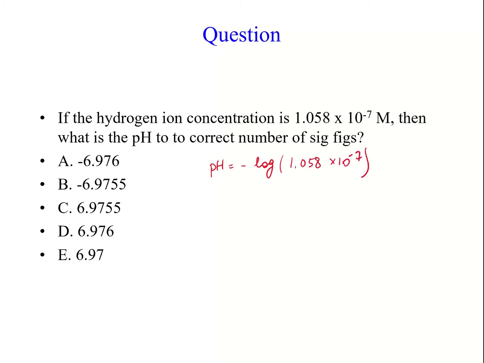Now count the number of significant figures in the number under the logarithm. It has 4 significant figures. So these 4 significant figures will correspond to the number of decimals in our answer. So we need 4 decimals in the answer, and looks like the answer that we want is C. Let's specify that this is the number of decimals in our answer.